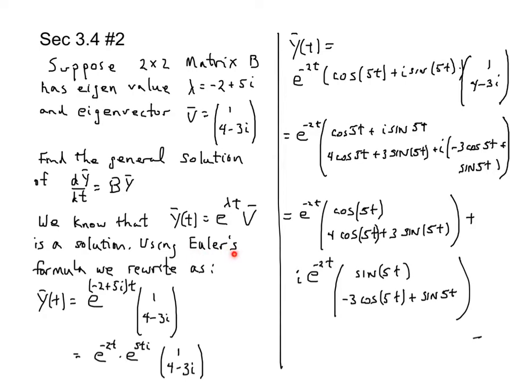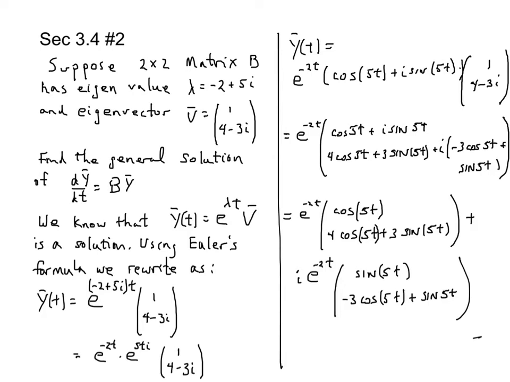However, Euler's formula will allow us to rewrite it in a form where we can separate the real and imaginary parts, and it's a fact that if the complex valued function is a solution of this linear system, then its real part is also a solution and its imaginary part is also a solution. And I will demonstrate that in another screencast.